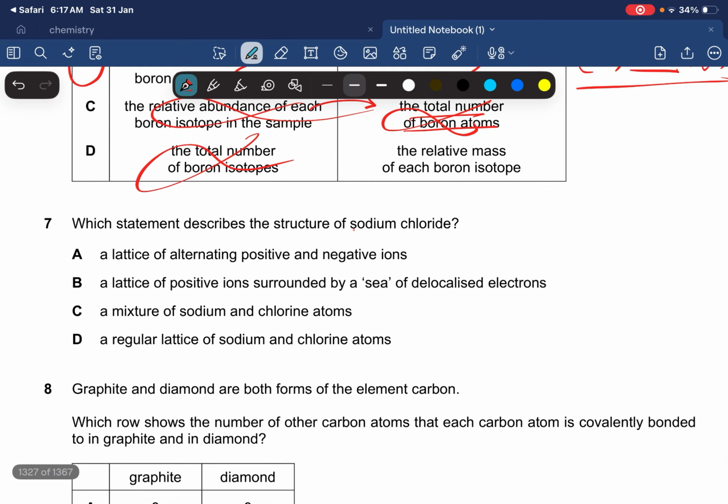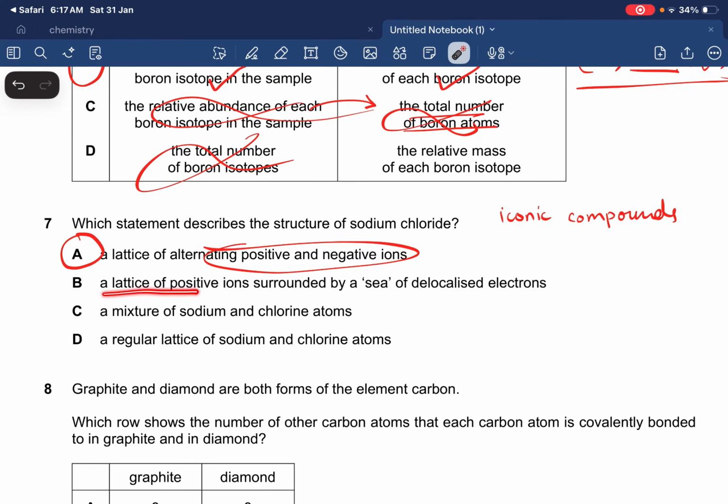Which statement describes the structure of sodium chloride? Sodium ions, chloride ions, a lattice of alternating positive and negative ions, 100% correct. And this is an exact statement which is written in the syllabus. I remember I read the syllabus on ionic compounds: describe an ionic compound as a lattice of alternating positive and negative ions.